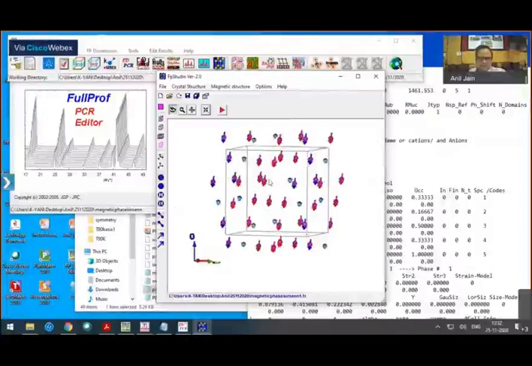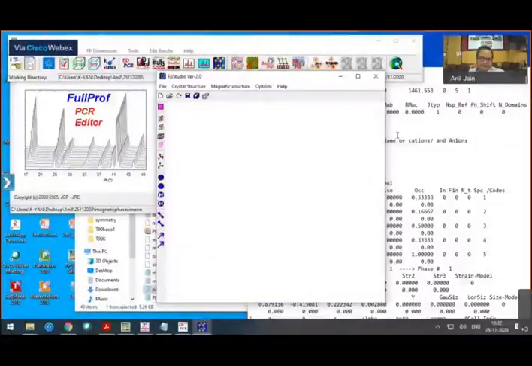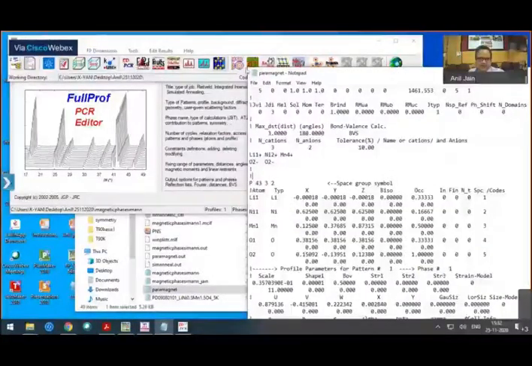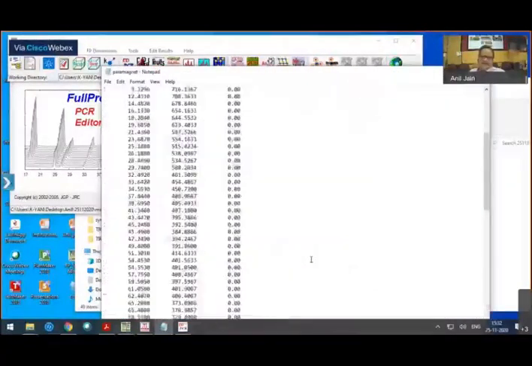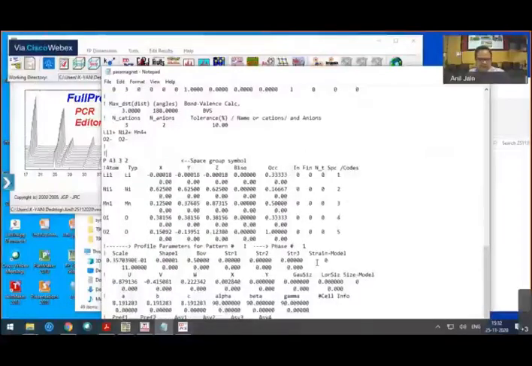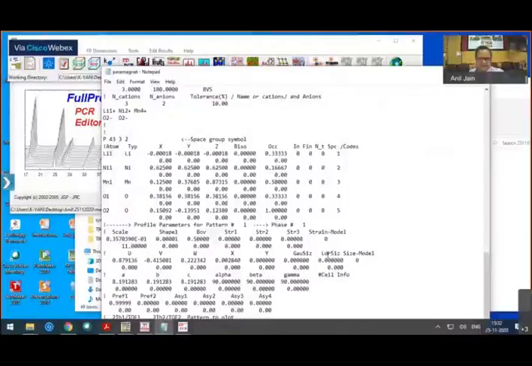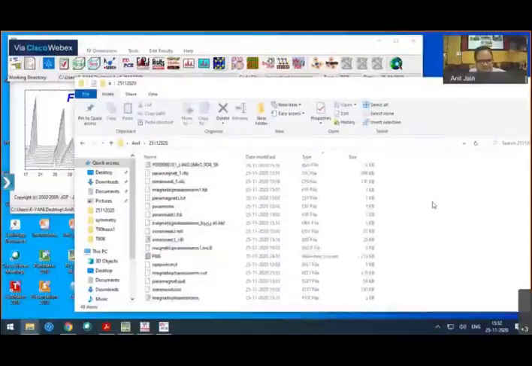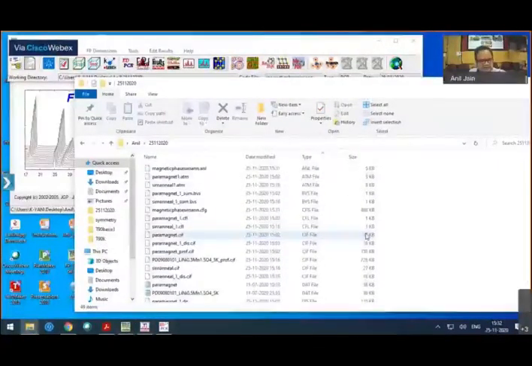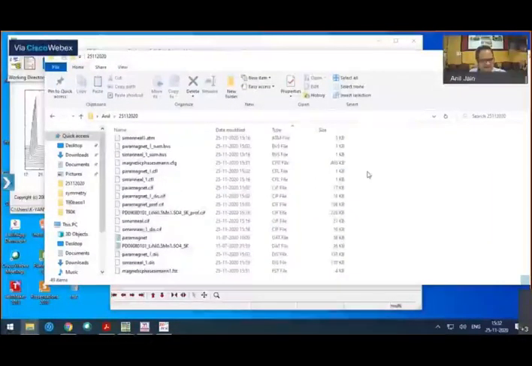So you can put in the constraints, and after you get this fitting, then again what you have to do is make this PCR file again without the integrated intensities. After you have done that, you can again make a PCR file.